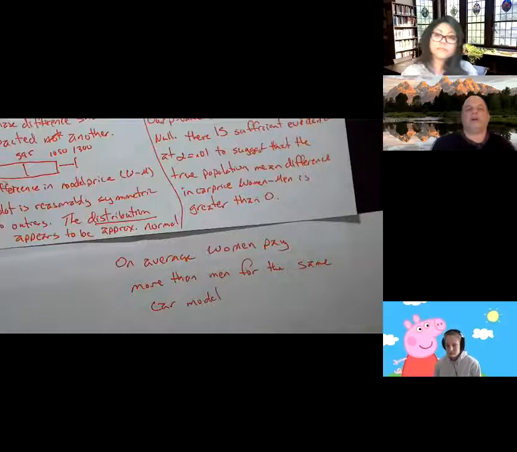So on average, our study says we reject the null, and what that means is on average, women pay more than men for the same car model.